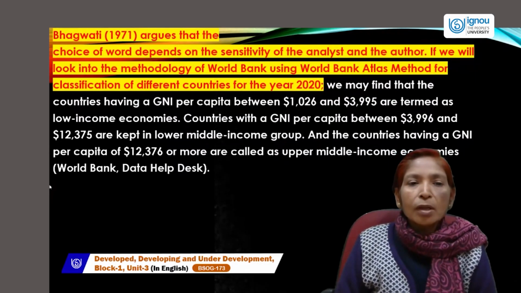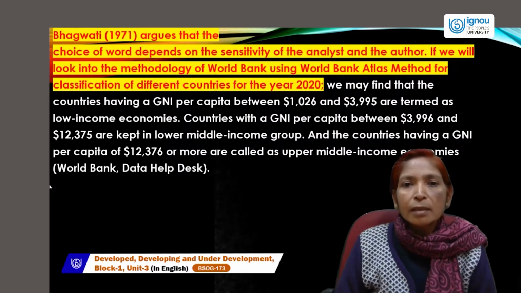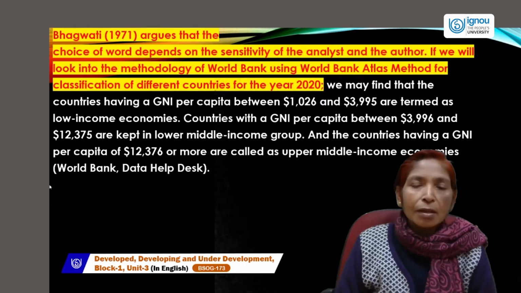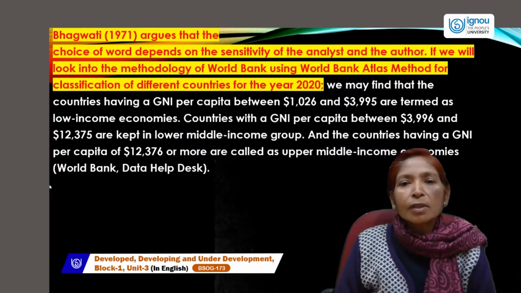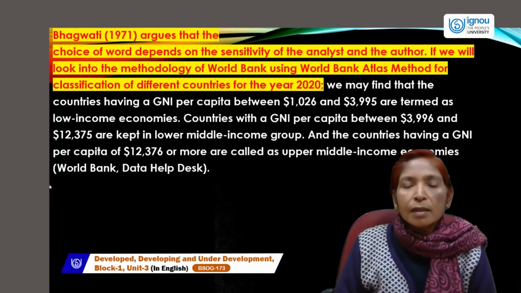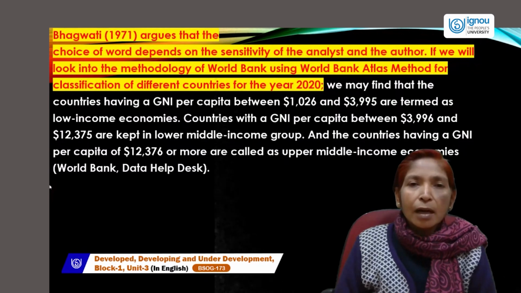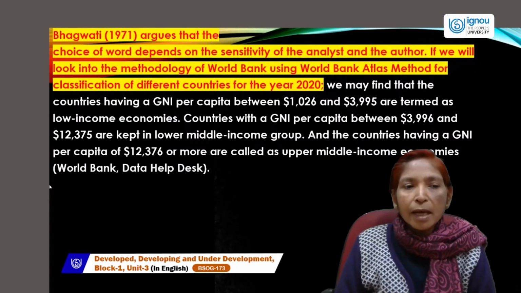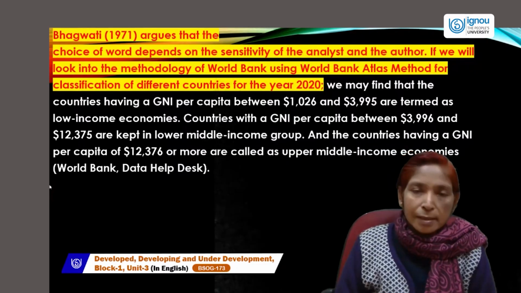If we look into the methodology of the World Bank, using the World Bank Atlas method for classification of different countries for the year 2020, we may find that the countries having a GNI, gross national income per capita, between $1,026 and $3,995 are termed as low income countries.